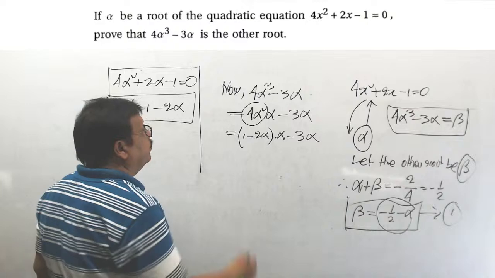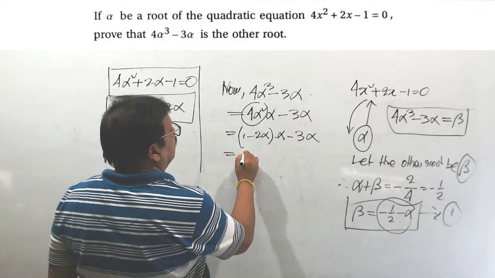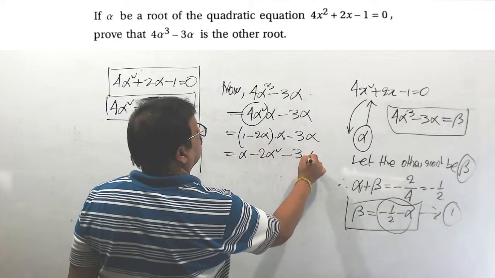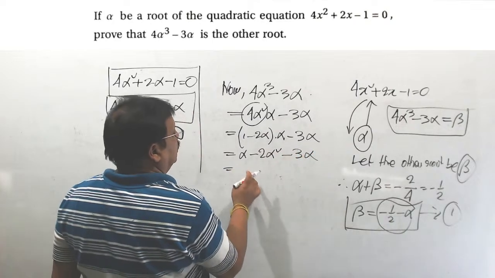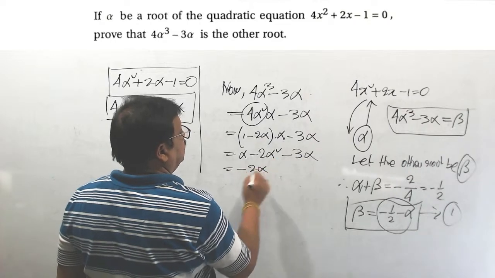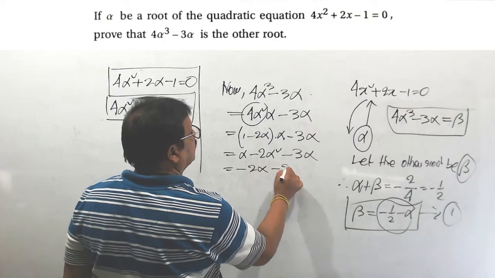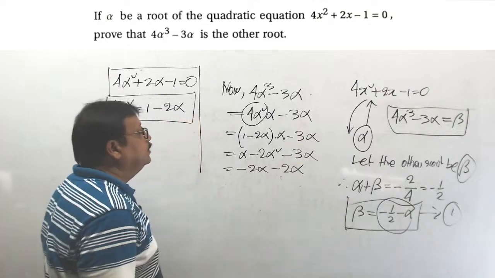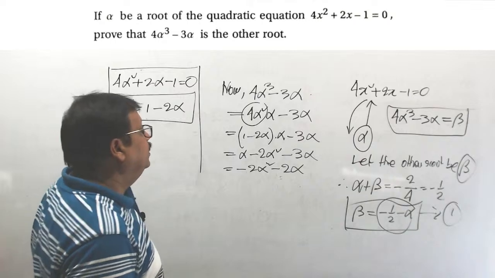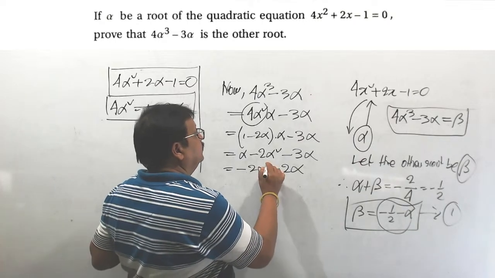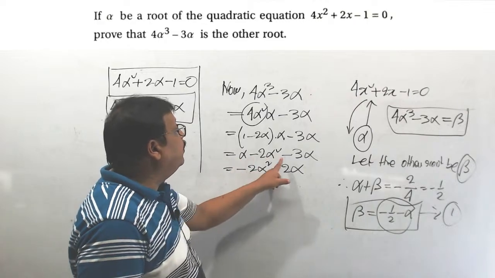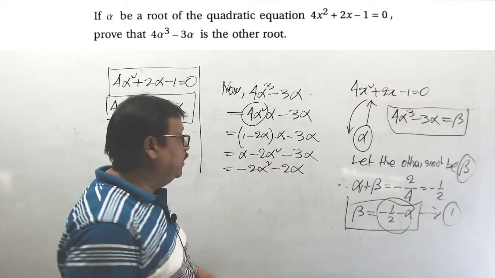Understood? This equals to what? Alpha minus 2 alpha square minus 3 alpha. Alpha minus 3 alpha, like terms. Alpha minus 3 alpha is minus 2 alpha. Clear? Minus 2 alpha square, and alpha minus 3 alpha is equal to minus 2 alpha.